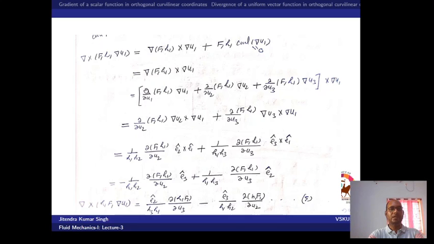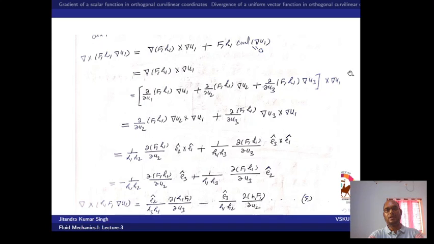So we shall get dou by dou u1 of f1 h1 grad u1 plus dou by dou u2 of f1 h1 grad u2 plus dou by dou u3 of f1 h1 grad u3, cross grad u1. Now the first term is dou by dou u1 of f1 h1 grad u1 cross grad u1.